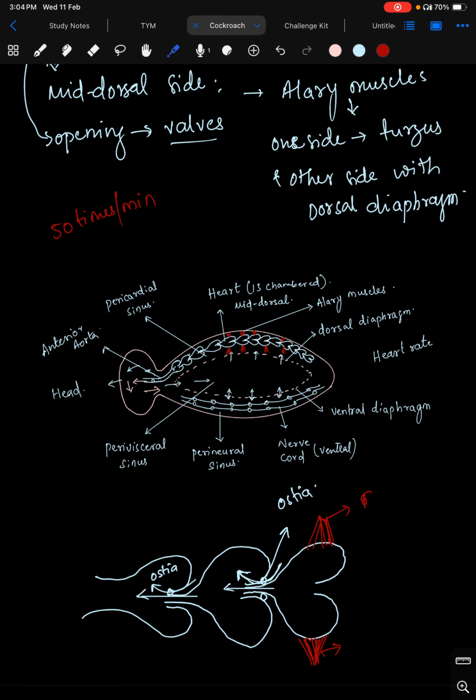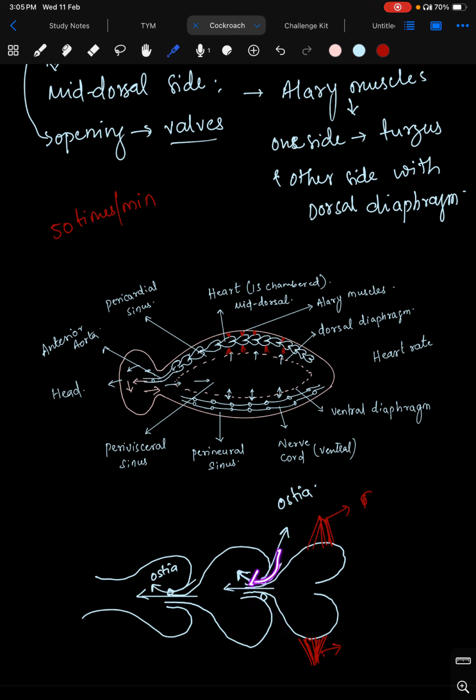Now you can see, whenever the heart is in a relaxed state, the alary muscles are relaxed. At that time, through the ostia, blood or hemolymph is entering inside the heart.